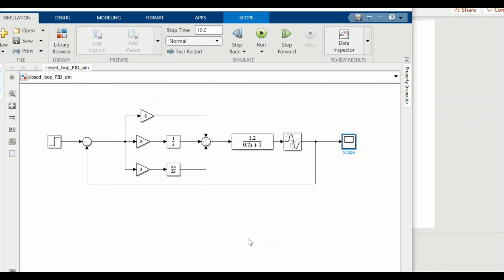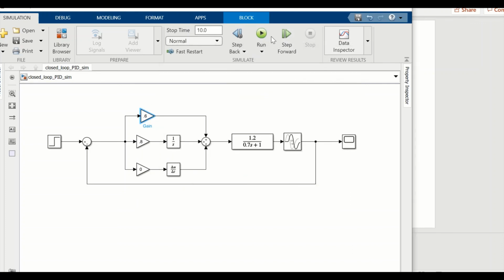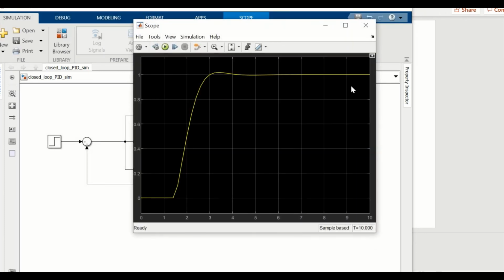Just as an example of what we've done, remember in the practical sessions we had about 0.6 and 0.8 and 0 was like a PID controller. So if we chose those numbers, if I double click on these boxes, set the numbers up, I can then run the simulation, and this is the response I'm expecting to get from my simulation, which we can see isn't that far off what we got in our practical results.